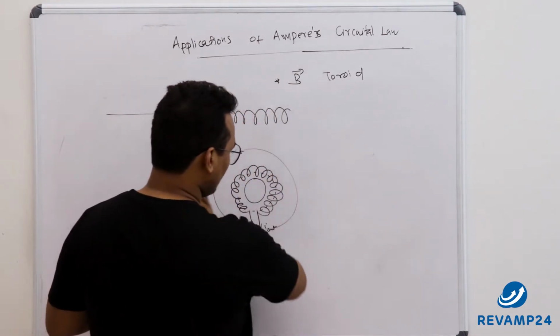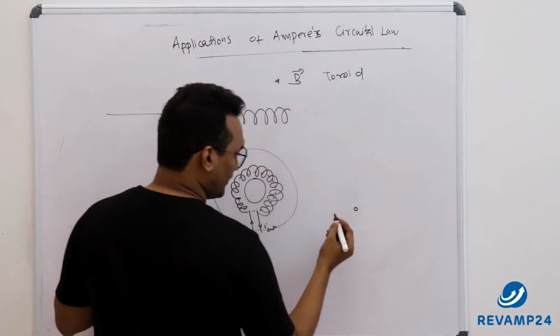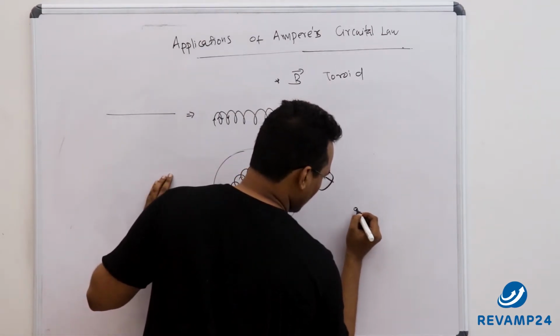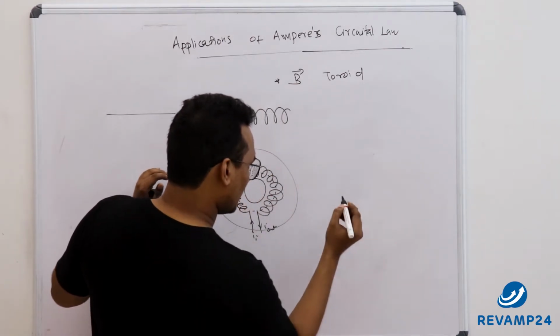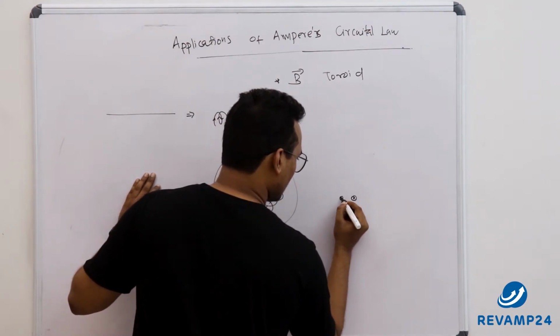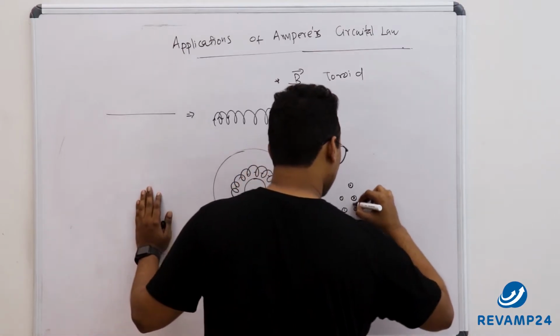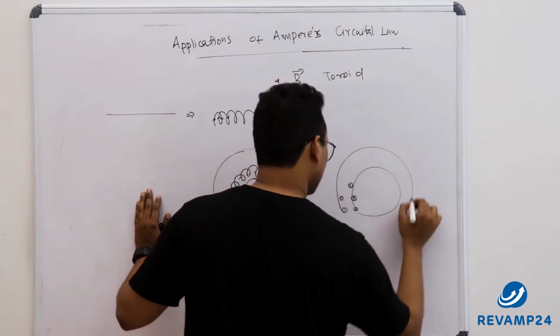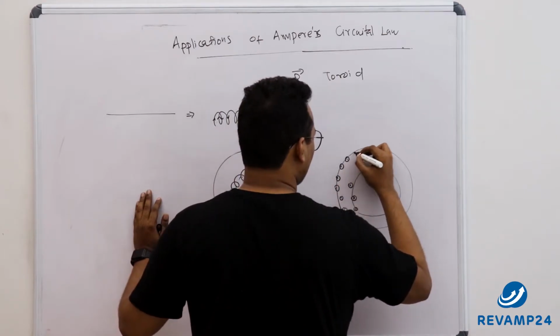If you are cutting and marking as a point, then we can see current going into the plane, then on the other side coming out, then into, then coming out. So I will mark a circle for into, and here all the points are coming out.